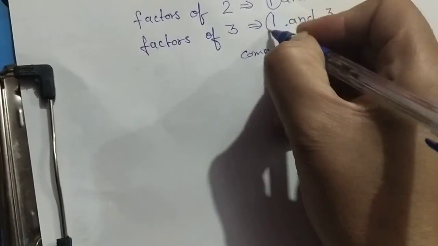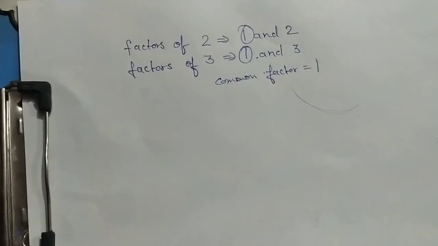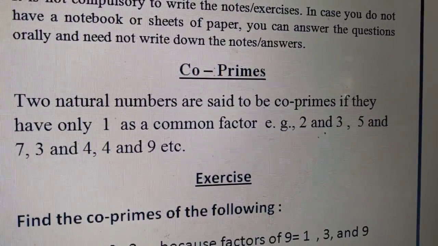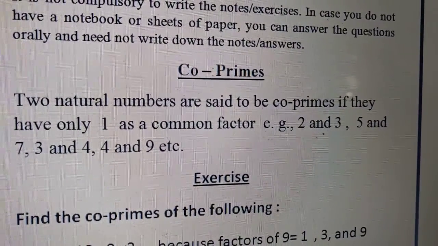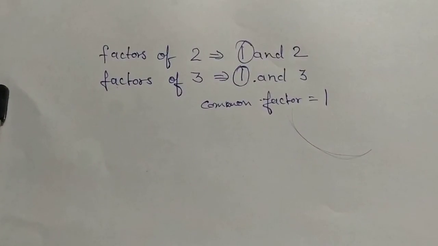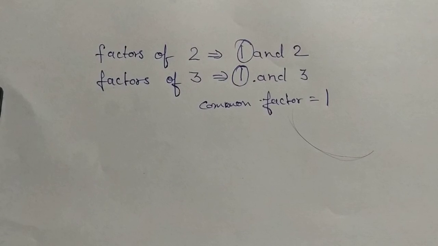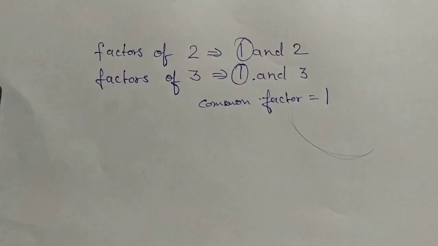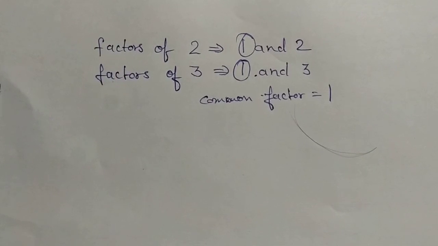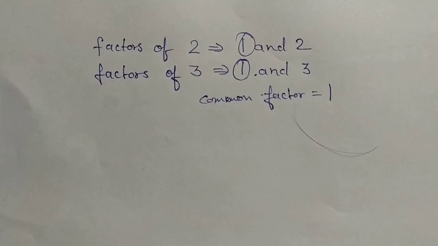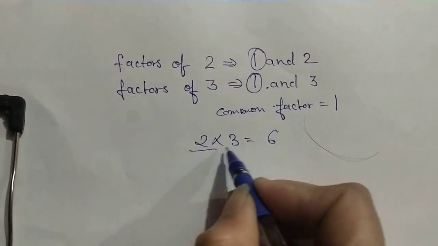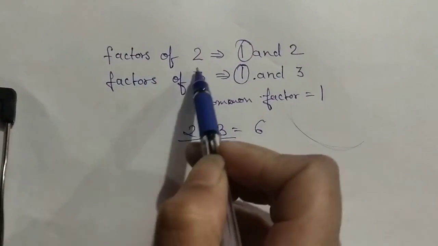Only 1. So as I told you, two natural numbers are said to be co-primes if they have only one as a common factor. In 2 and 3 we are getting only one common factor, this is 1. It means 2 and 3 are co-primes. Now, 2 and 3 are co-primes of what? 2 multiplied by 3 equals 6. So 2 and 3 are co-primes of 6.